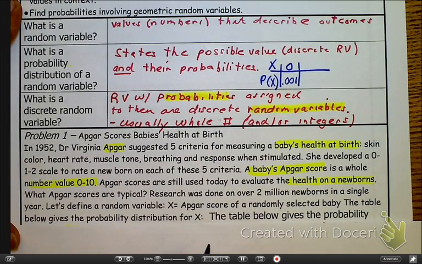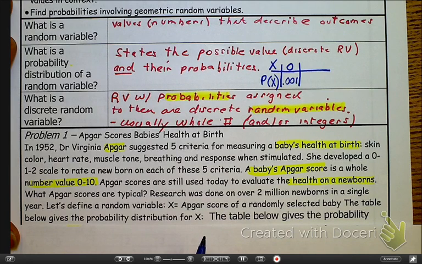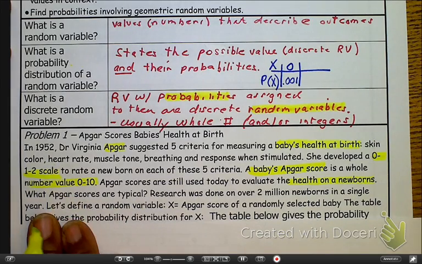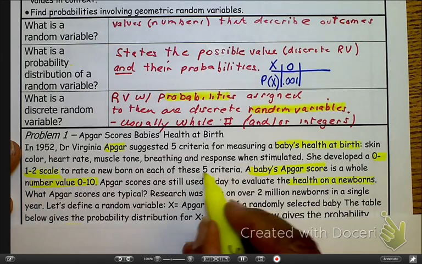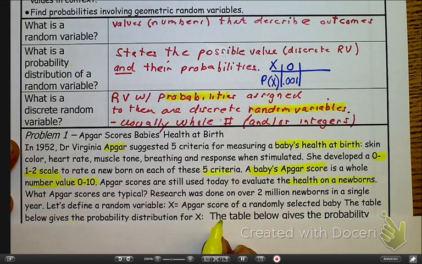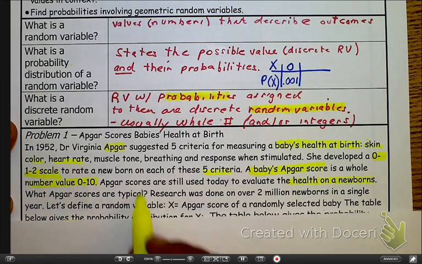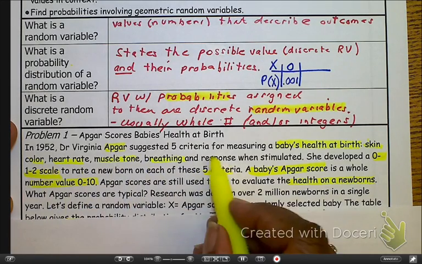Please take a minute to read this. Okay, now that we're back, as I mentioned before, we are trying to test the health of the baby. The scale is 0, 1, and 2. They have 5 criteria, and the 5 criteria are skin color, heart rate, muscle tone, breathing, and response to stimulus.